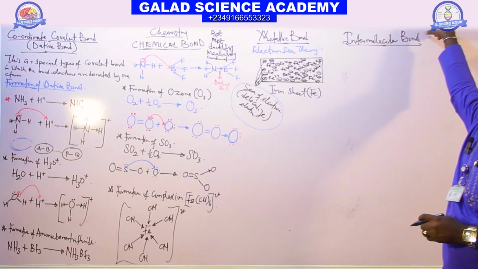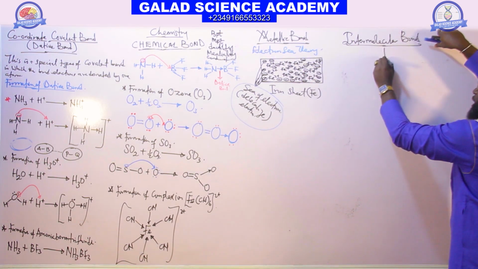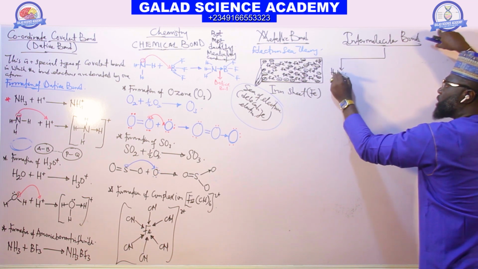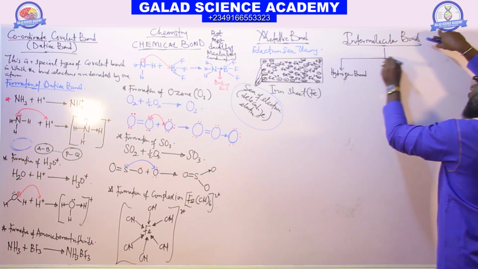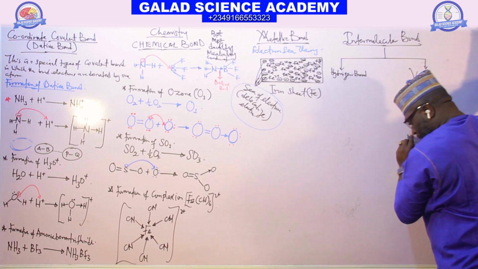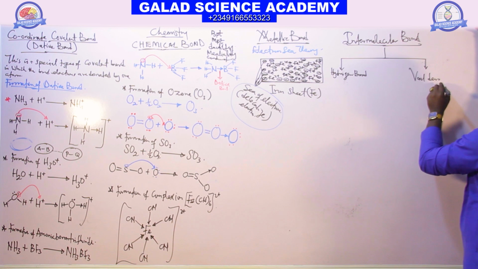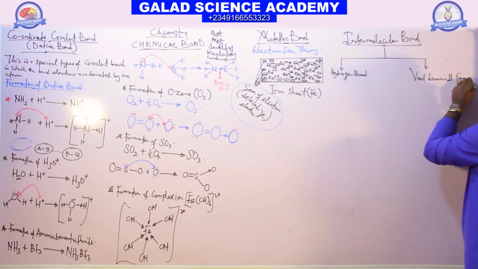And this intermolecular bond is divided into two parts. What are they? The first part of intermolecular bond, we have hydrogen bond. And we have the second one, Van der Waals force.